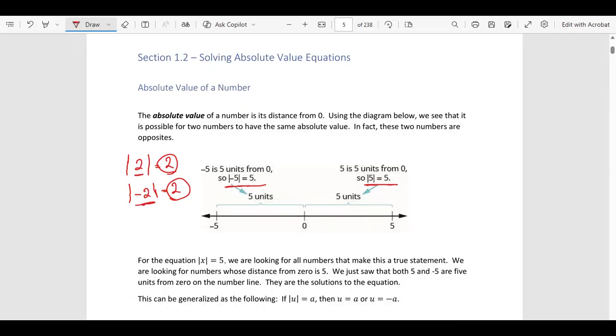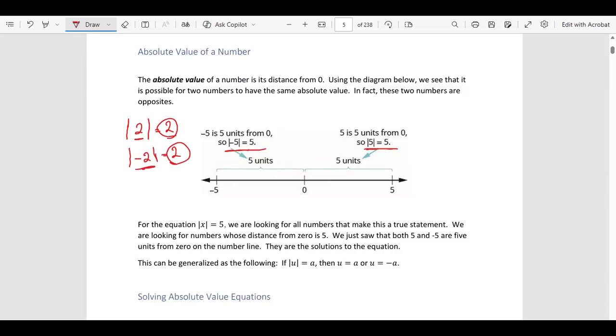But when we solve an absolute value equation, the x or the variable must be inside the absolute value. When you want to solve an absolute value equation, you say, okay, I am going to find the numbers whose distance from 0 is 5.